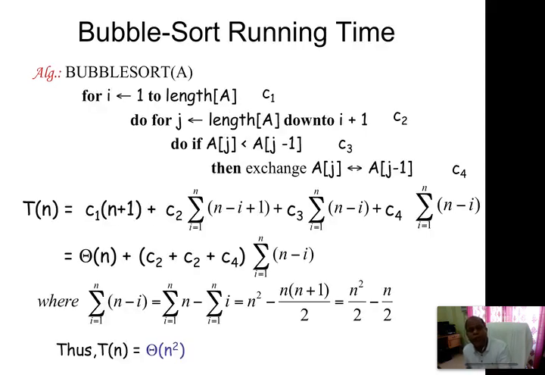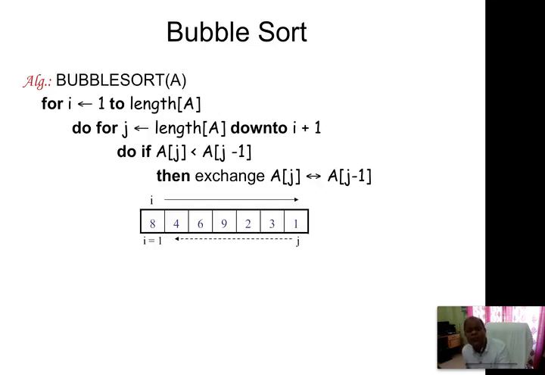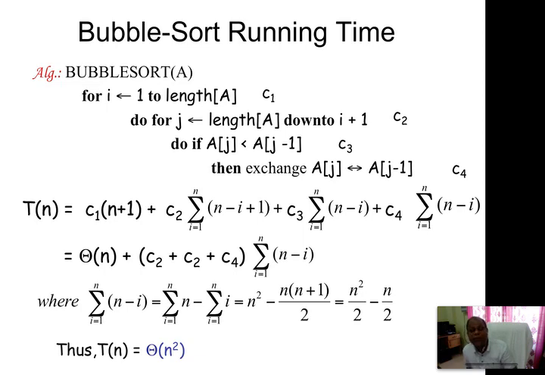Now we will discuss the analysis of the algorithm. That means what is the time taken by the algorithm. Now see, for I is equal to 1 to length of A, suppose this statement will take C1 time.